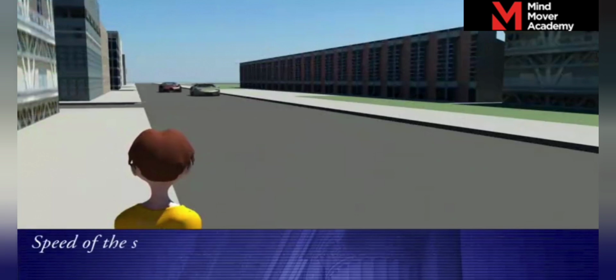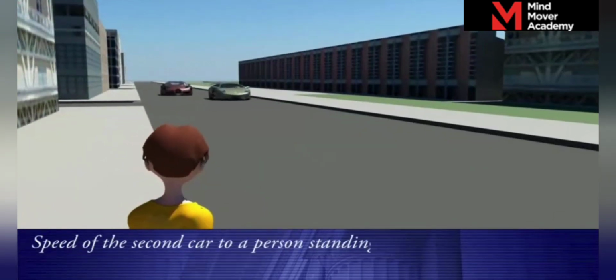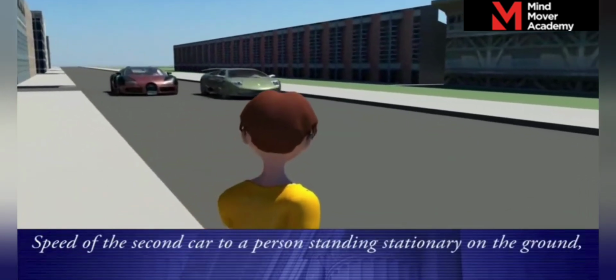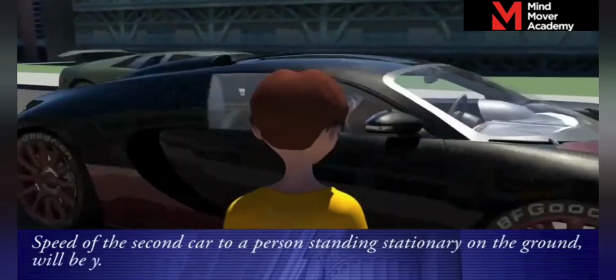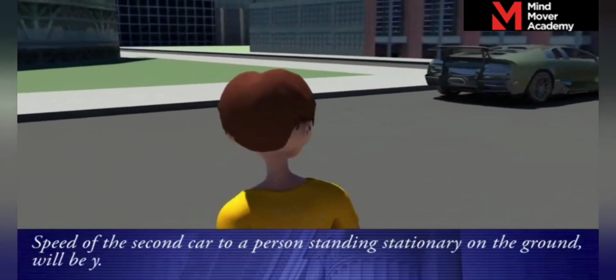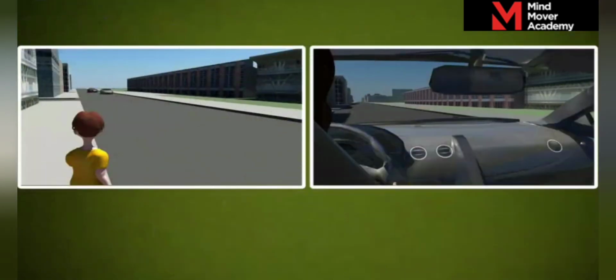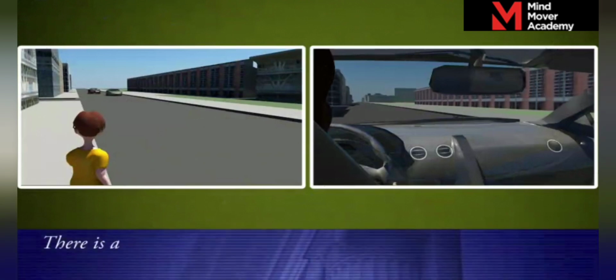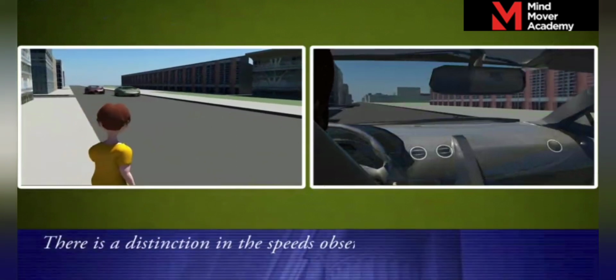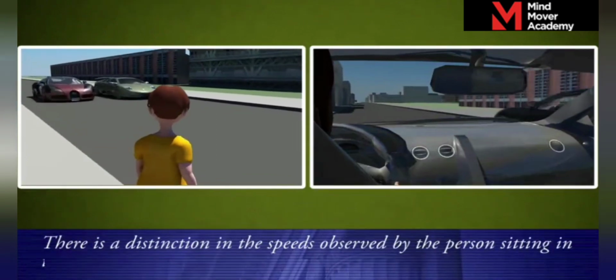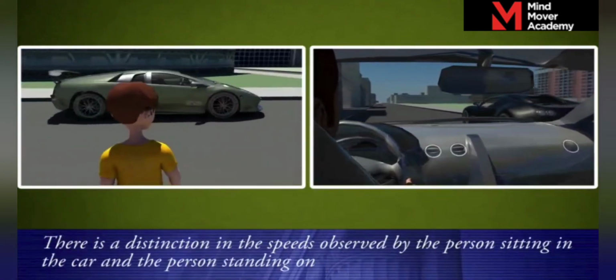However, speed of the second car to a person standing stationary on the ground will be y minus 0 or y, as the person is standing still. Hence, we can clearly see that there is a distinction in the speeds observed by the person sitting in the car and the person standing on the ground.